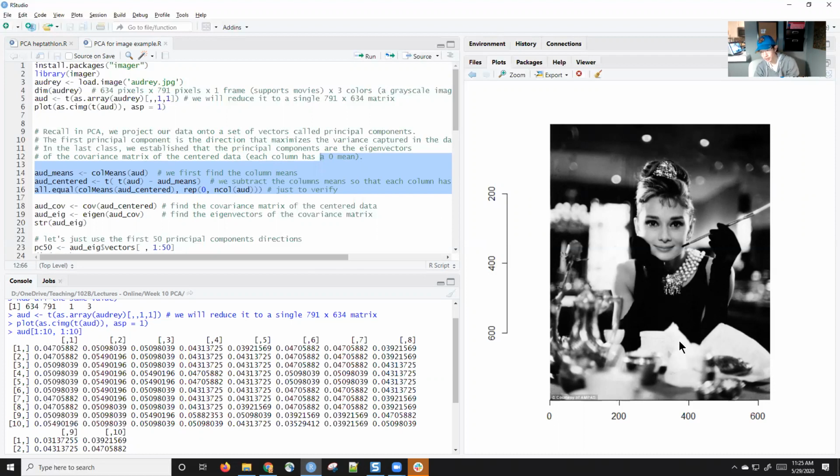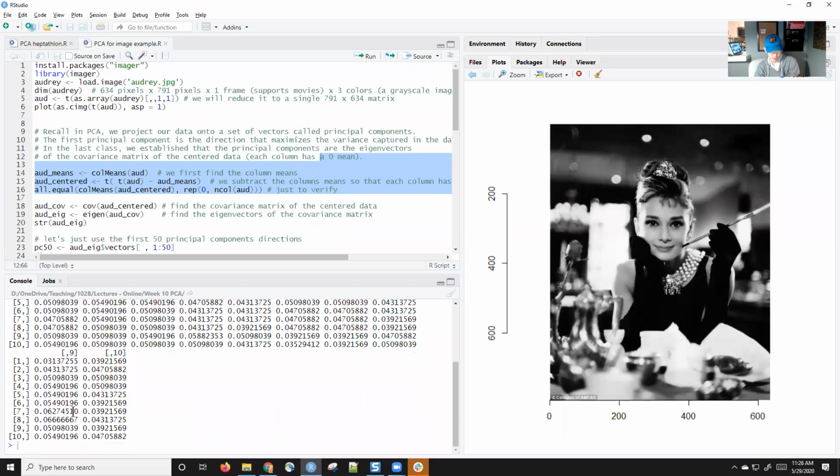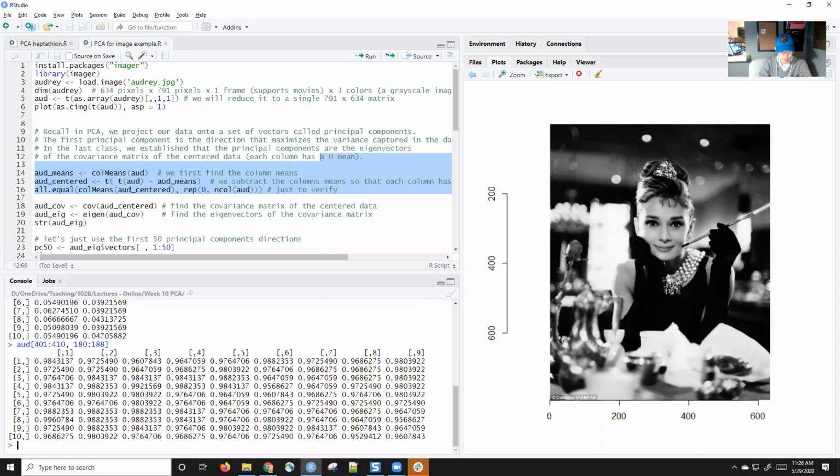Okay, if I go to another part of the image that is fairly bright, say around 180 pixels in and 400 pixels down, so row 400 to 410, and as far as the column, we go to like 180 to 188.